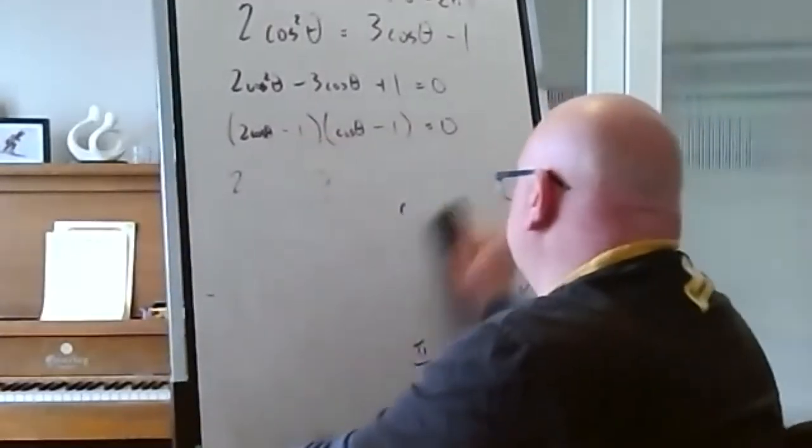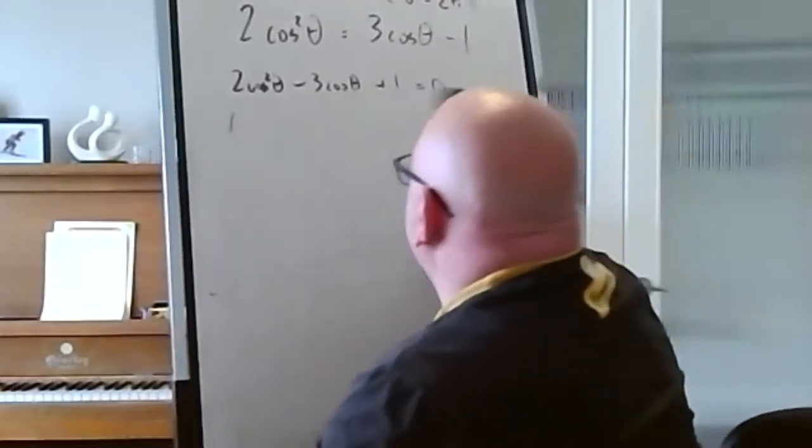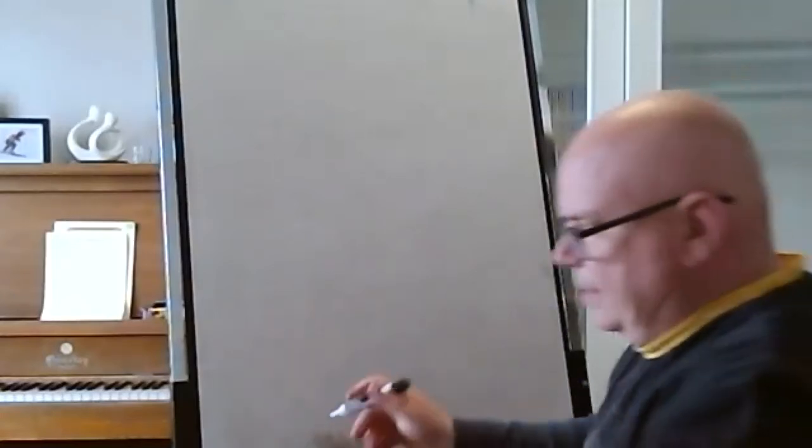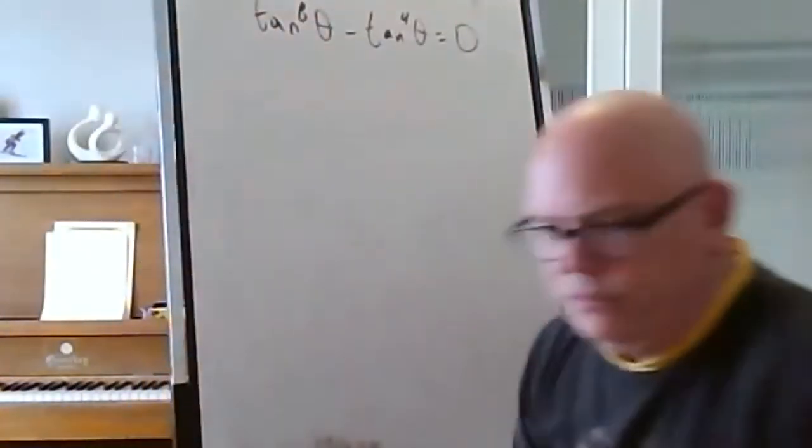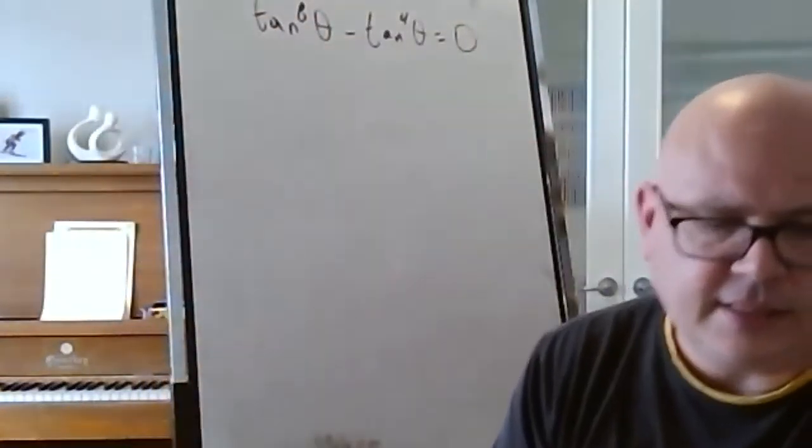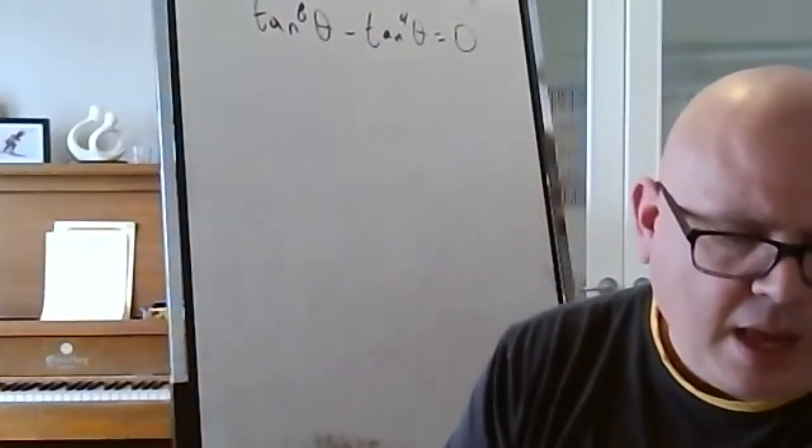Last one. Question number 7. We have tan to the 8 theta minus tan to the 4 theta is equal to 0, for 0 less than theta less than or equal to 2 pi.